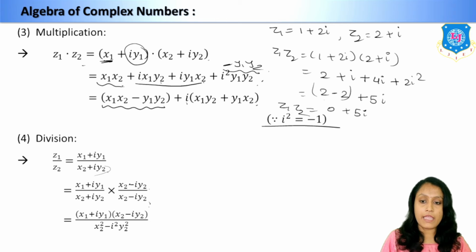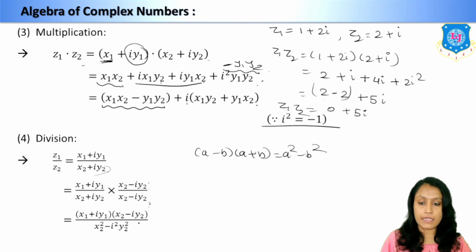Multiply and divide by x2 minus i y2. Now in the denominator, we will use the formula a minus b into a plus b is equal to a square minus b square. Here a is x2 and b is i y2. So the answer will be x2 square minus i square y2 square.